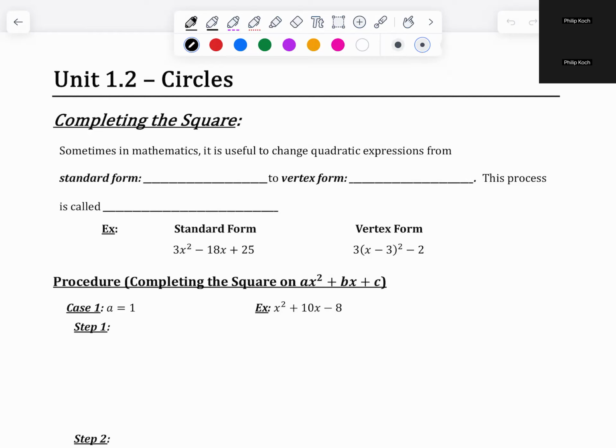So sometimes in mathematics, it's useful to change quadratic expressions, right? Ax squared plus bx plus c from their standard form, which was ax squared plus bx plus c, to their vertex form, which is a times the quantity x minus h squared plus k. This process is called completing the square.